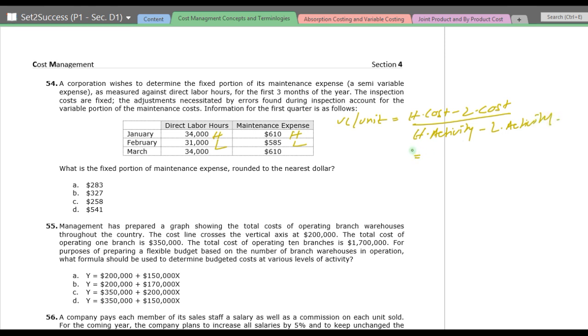So the highest cost is 610 minus 585, divided by highest activity 34,000 minus lowest activity 31,000. So this gives us 0.008333.